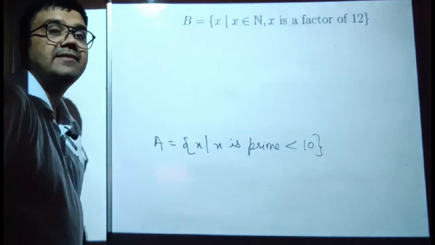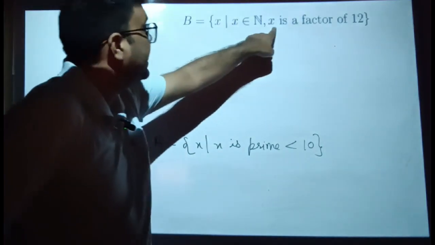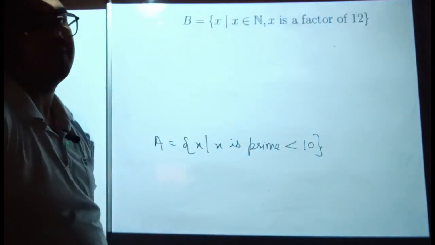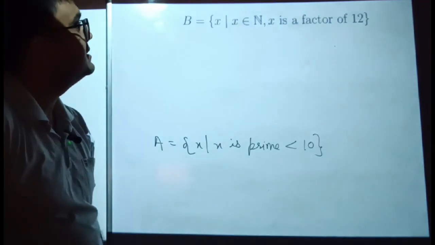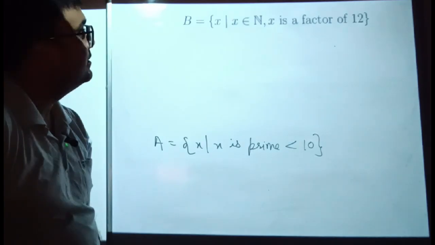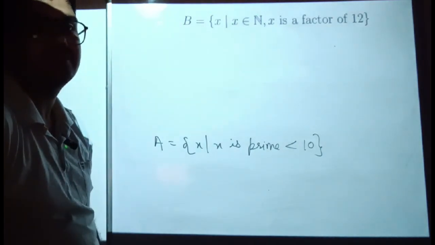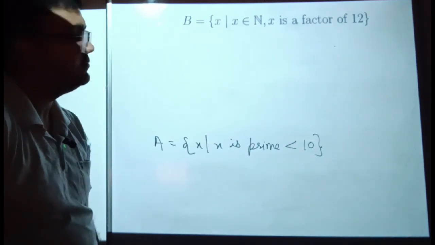B is another set given to us. B is the set of natural numbers X such that X is a factor of 12. We have to find the union of these two sets.